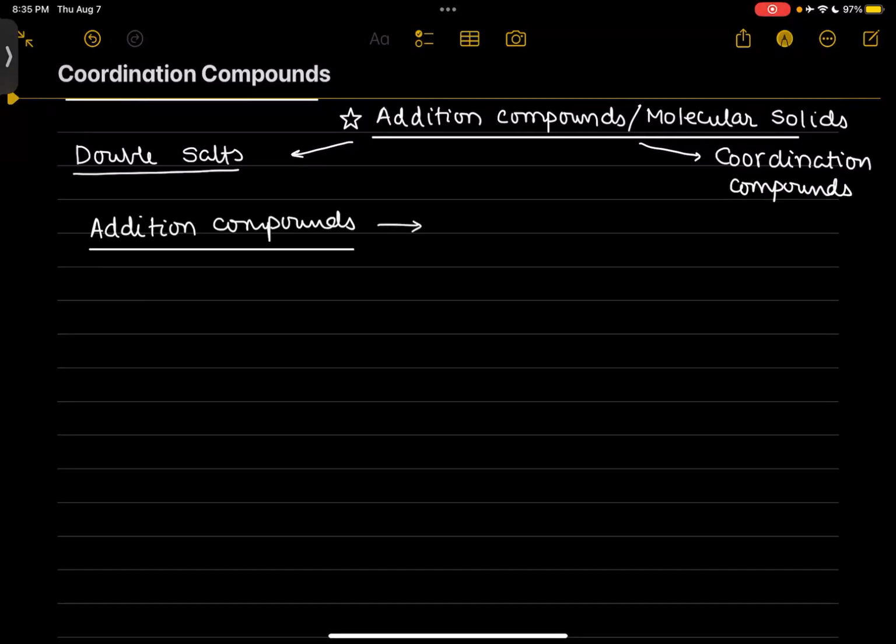Tell me quickly. Sir, two compounds which are in a fixed ratio. Yeah, they are formed when two or more than two compounds join together in a fixed stoichiometric proportion. Okay, they are addition compounds or the molecular solids. Can you give some examples of these compounds?